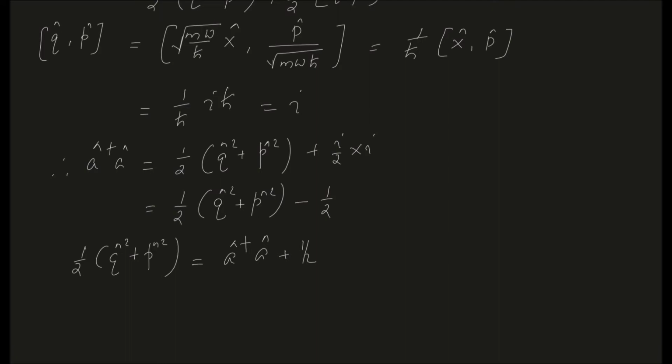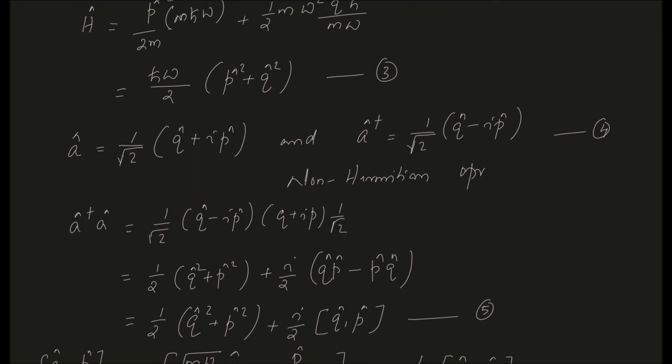So if you substitute this in our equation number 3, what was equation number 3? This one: the Hamiltonian equal to h cross omega by 2 into small p square plus q square.